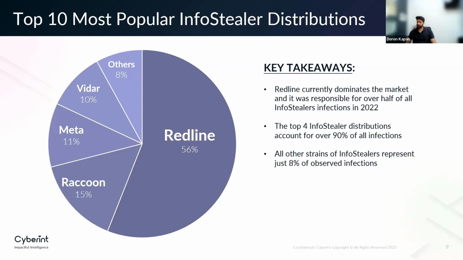All right, good question. Each kind of InfoStealer has its own capabilities and methods of attack. They differ by their capabilities, methods of attack, and what I would like to gain, like if I was an attacker, what is my attack purpose, right? Because each InfoStealer does things a bit differently. So why is Redline the most dominant? Because Redline is known for its rich capabilities, and it's very available on the surface web. It means that I don't need to deep dive into the darknet in order to gain one of those.